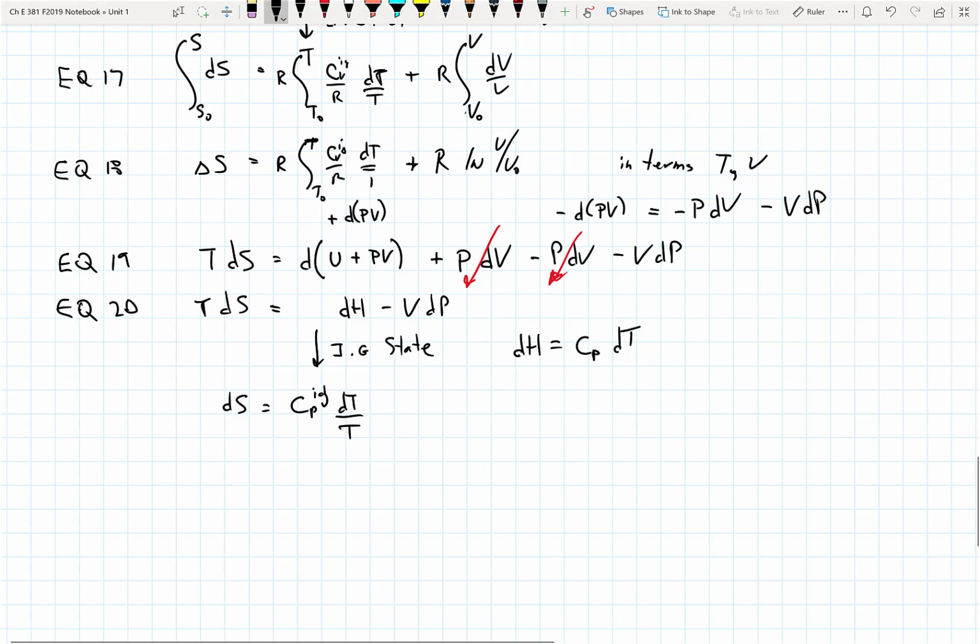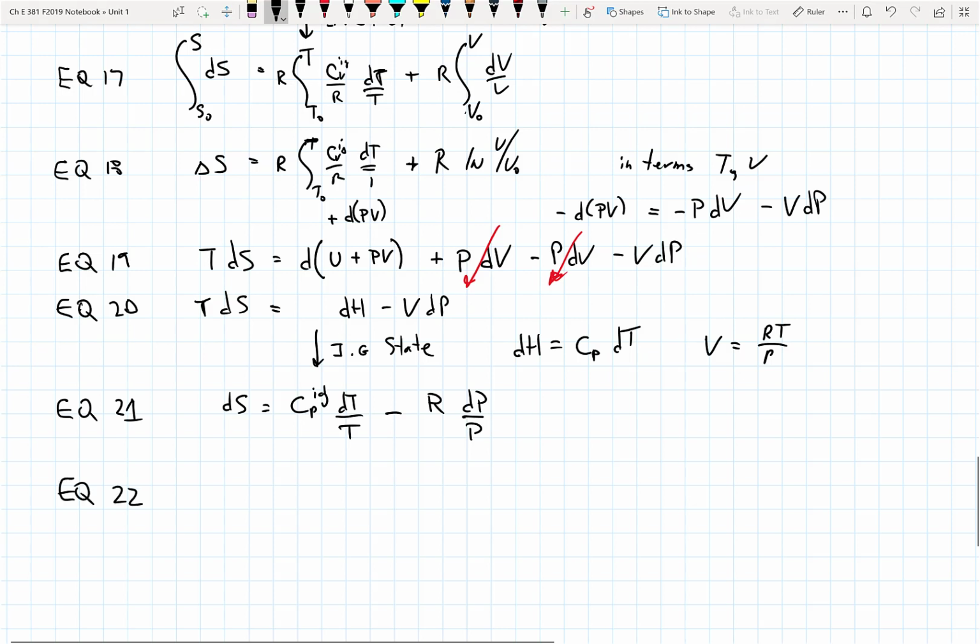And then for an ideal gas, the volume is RT over P, and so we're dividing through by temperature, so I'm going to be left with R times dP over P. So there are state changes for ideal gases in differential form, and then to get to a delta S, we're going to integrate both sides.